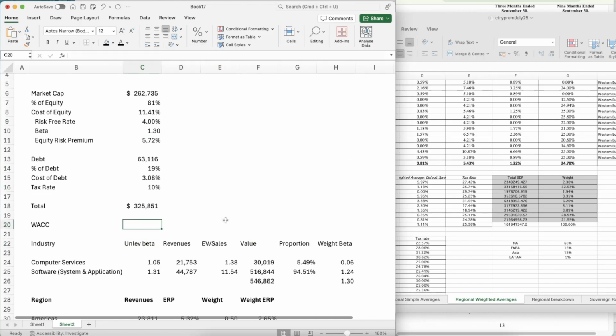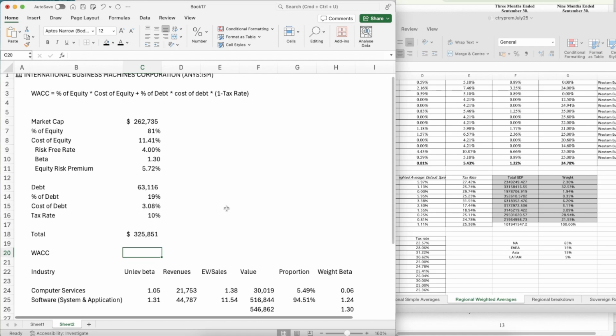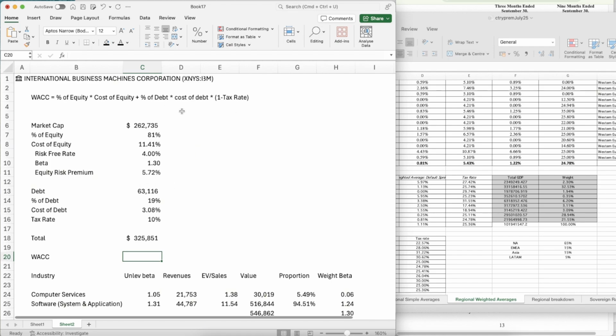And now the WACC is this formula that we've got here. We've just calculated all of these components and we just put them all into this formula and we will get our WACC. So WACC equals percentage of equity, let's separate it into brackets just to make things a bit easier.